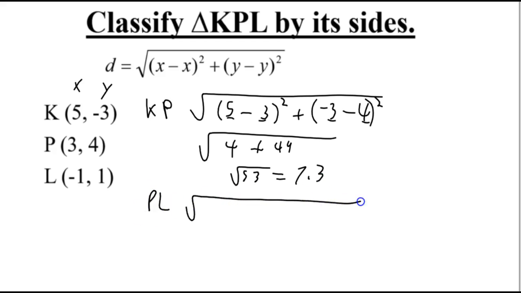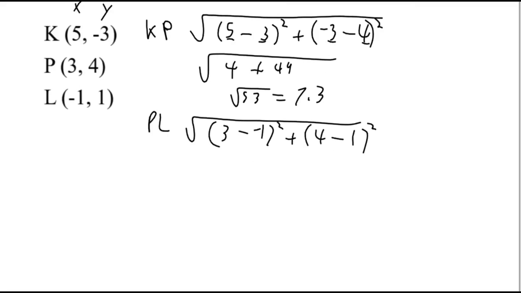Now we're going to do PL. And just repeat the same process. So I'm going to put my skeleton like so. I'm going to put P, there's my X, and negative 1 for my L. And then my Y's, P and L. And just crunch the numbers.